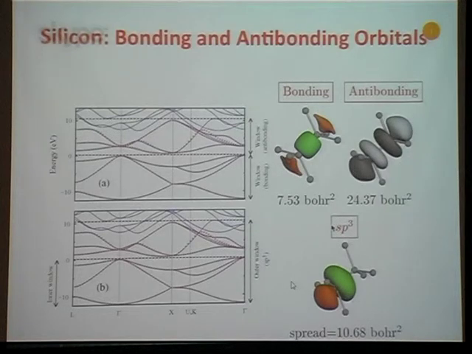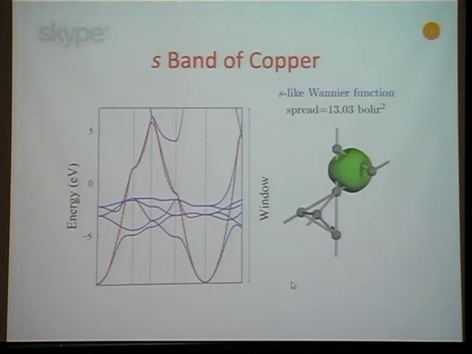In principle, if I had increased the window more and more, taking more and more of the conduction states, I can make my red manifold completely flat, because now I'm mixing a lot of things with the only criterion of smoothness. And so the physical result is a combination of this criterion of smoothness, but then taking states that sit in a window that captures all the physics you care about, that is the 3D physics, but not more than that. And that is the sort of difficult part of the Wannier functions.